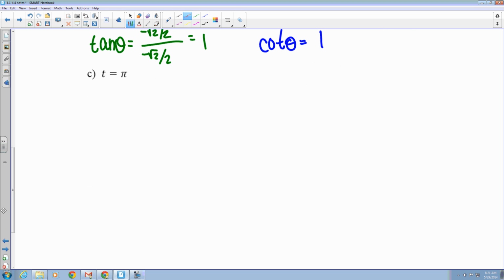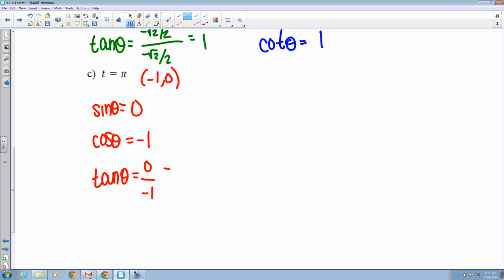At pi, our point is negative 1, 0. So sine is 0. Cosine is negative 1. Tangent is y over x. So it's 0.